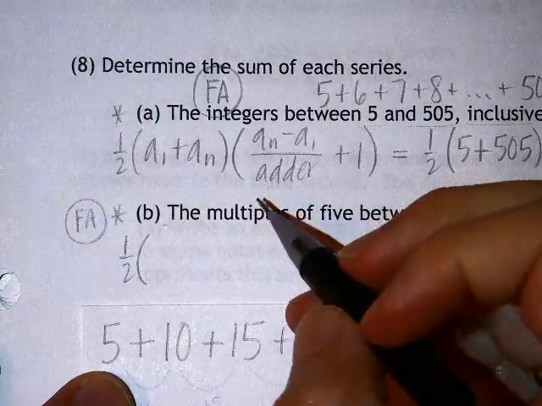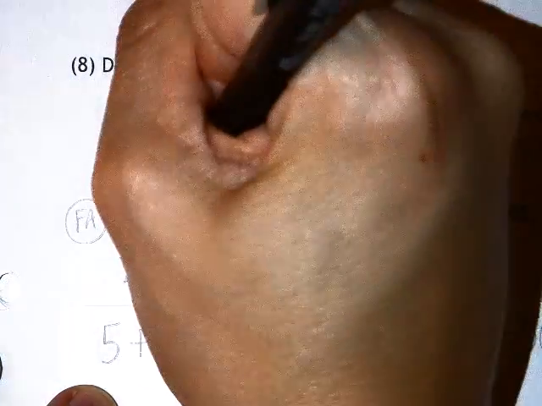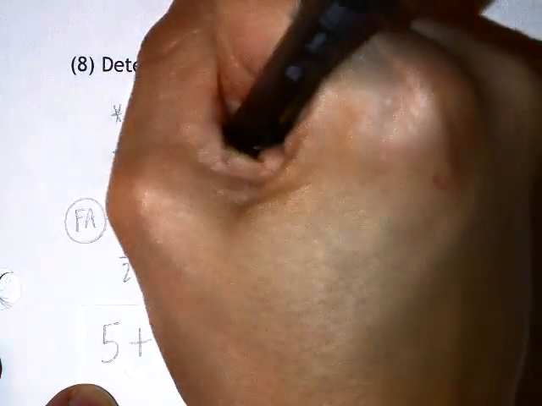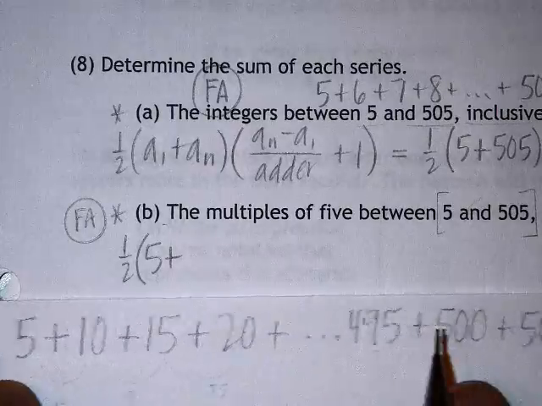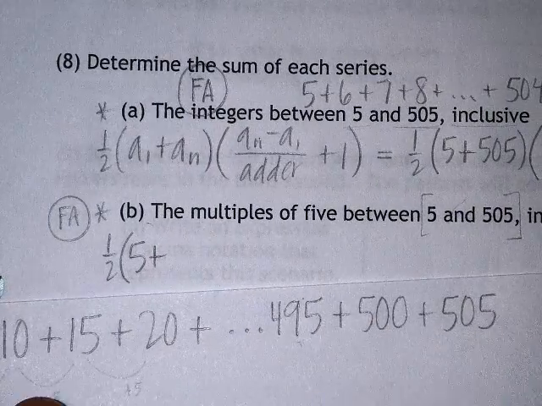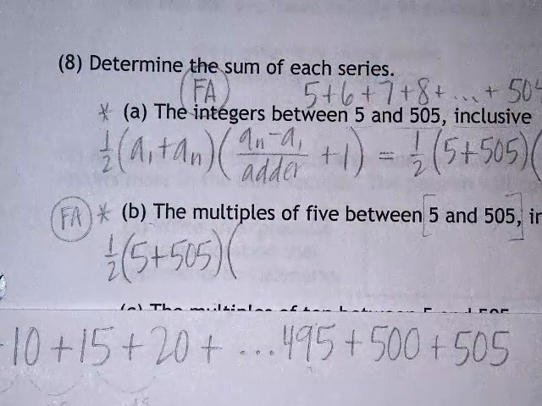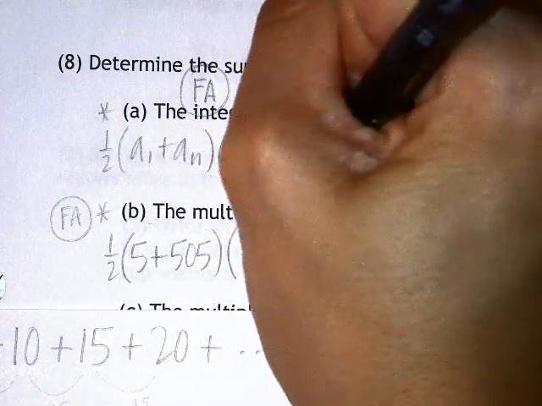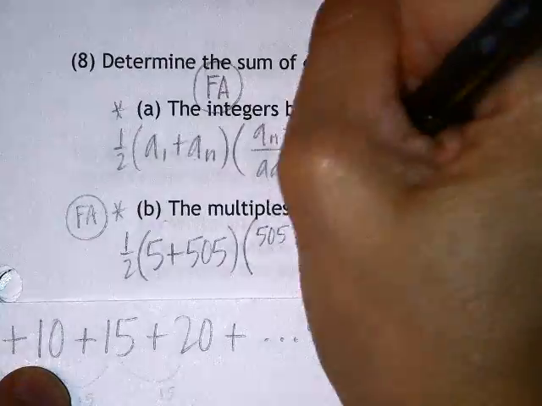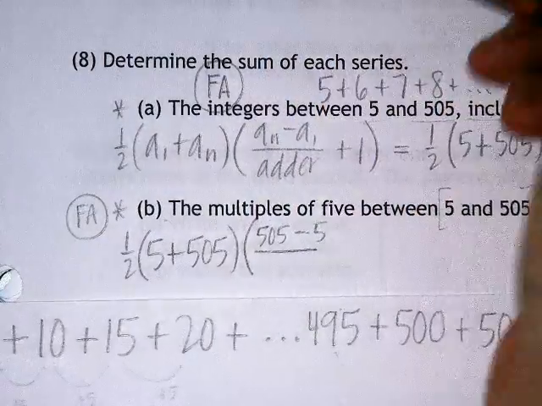So 1/2 times a sub 1, the first term in this scratch work, was 5, plus a sub n. A sub n is the last term in my scratch work, that was 505, times a sub n again, 505, minus first term, 5 again, divided by the adder.